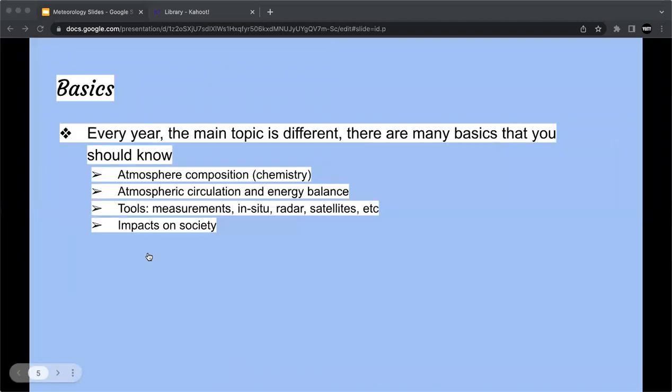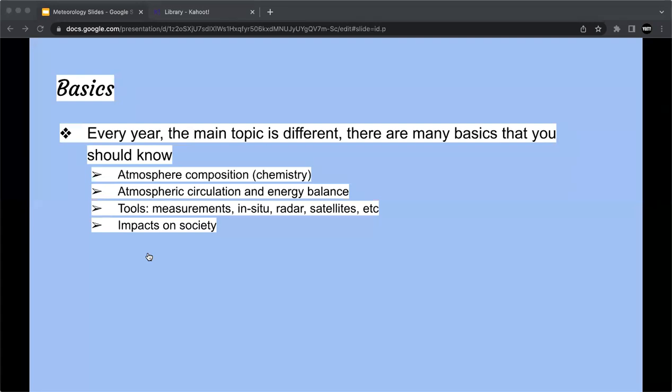Although every year the topics are different, there are always some basics that you need to know. First, atmosphere composition, such as what gases make up the atmosphere. There's some chemistry related to it. You also need to know how these gases move and circulate, and how energy is balanced.